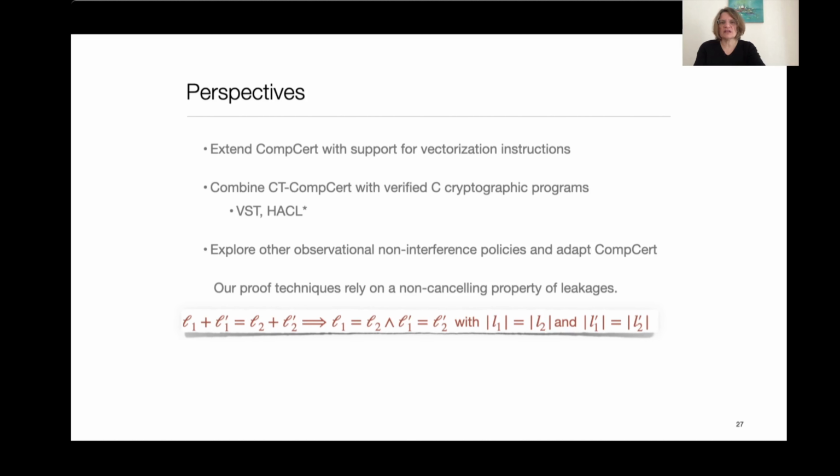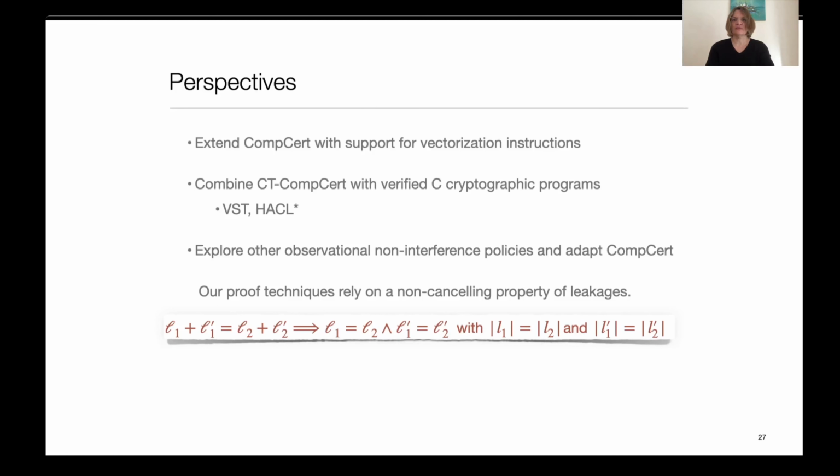The property states that if the concatenated traces are equal, then so are the elementary traces, provided that their size is the same. So in our proof, we use this property. Informally, it holds for the constant time policy because two executions that have different traces of leakages at a given program point cannot have the same trace of leakages at a further program point.